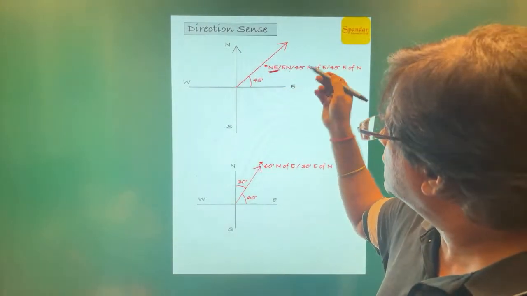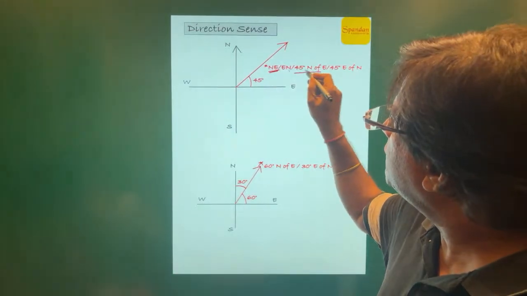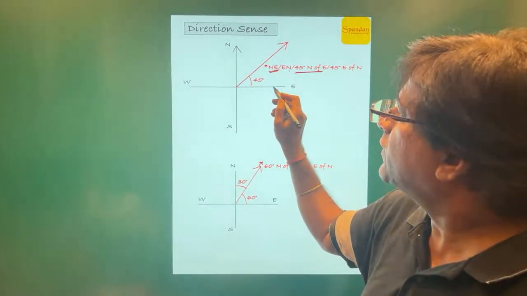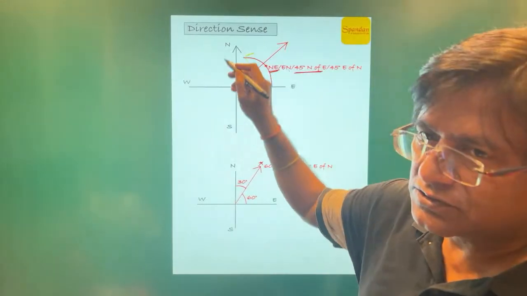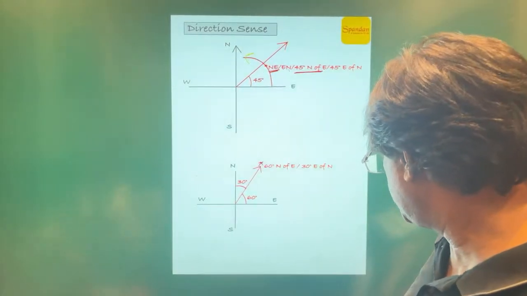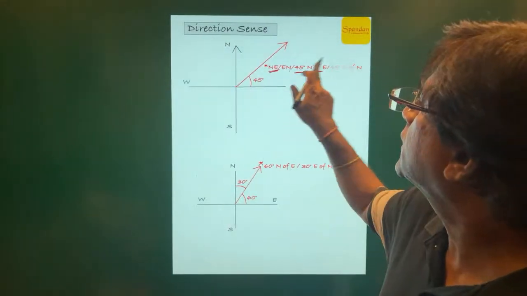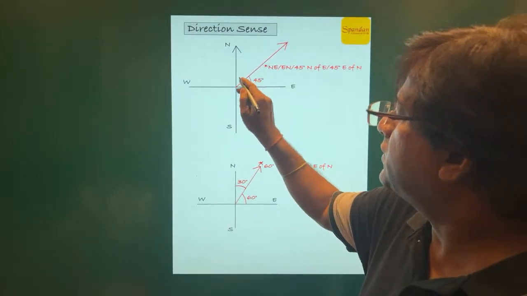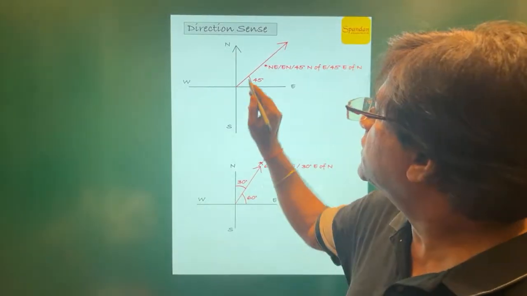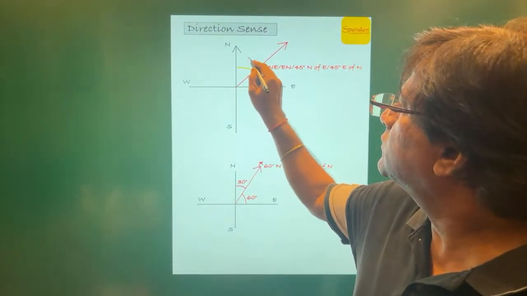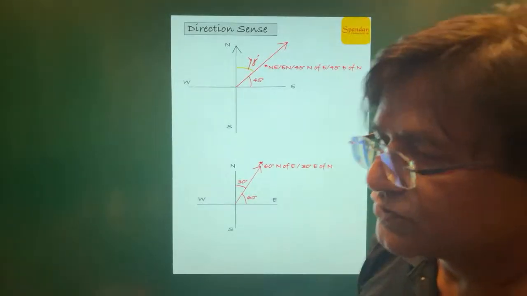Again we can completely say it 45 degree north of east, this side we have to go, right? Or we can say 45 degree east of north, because here again it makes an angle 45 degree.